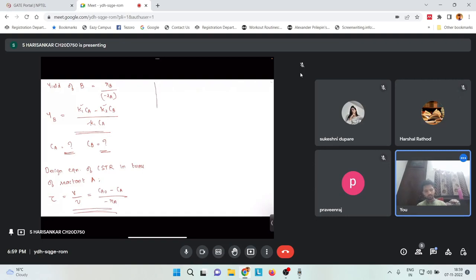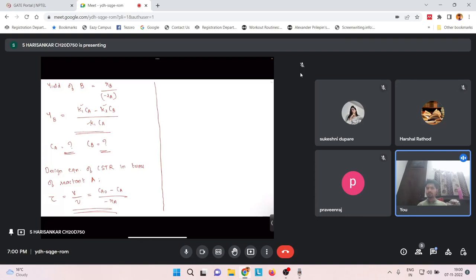In this design equation, tau is basically the tau optimum, which is 5 minutes, and we also have the initial concentration Ca0, so the only unknown here is the final concentration Ca. Using this design equation, we can find the concentration of Ca.